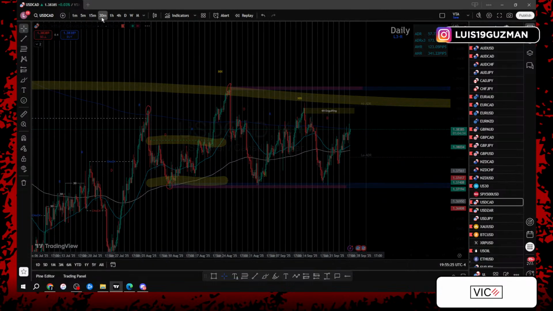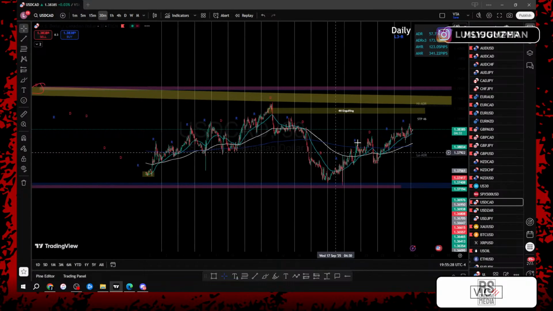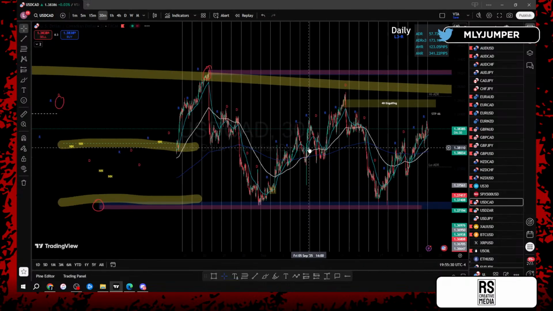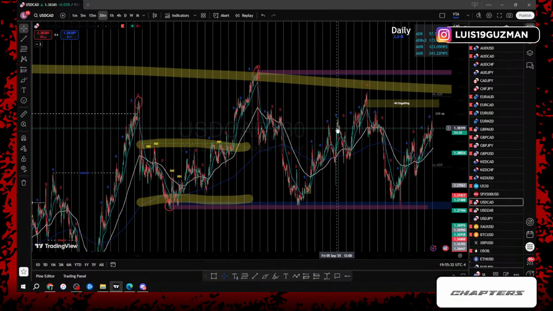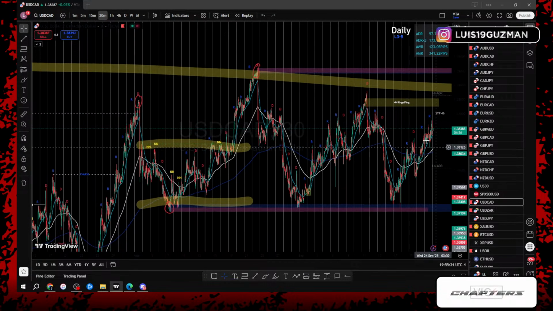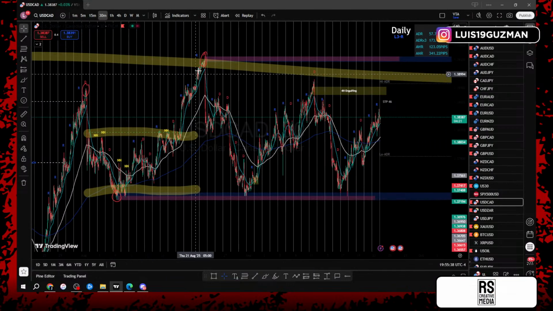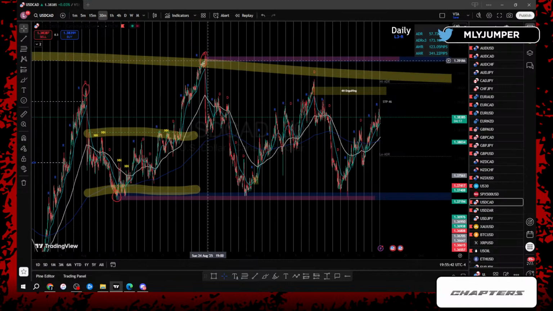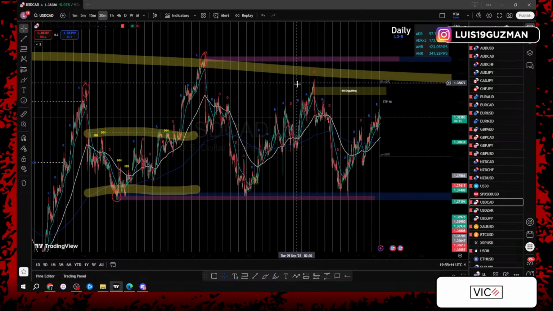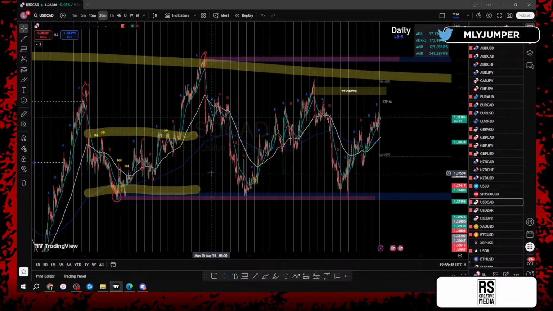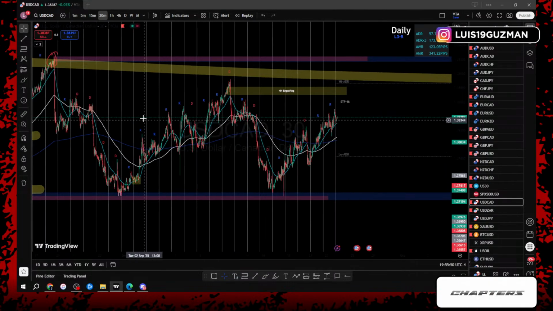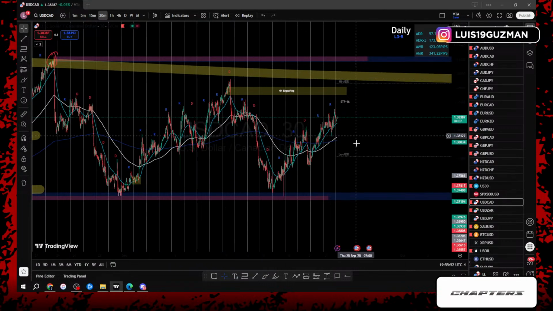So, my next point of interest for USD CAD, because even when we look at our 30, we're still trading higher high, higher low, higher high. After price gave us that previous higher high, just started moving sideways, and we've been moving sideways since August 25th, rejecting lows and rejecting highs.